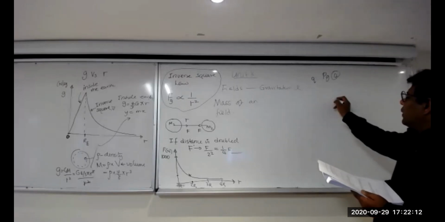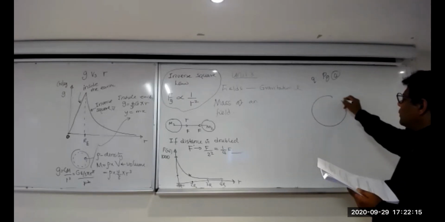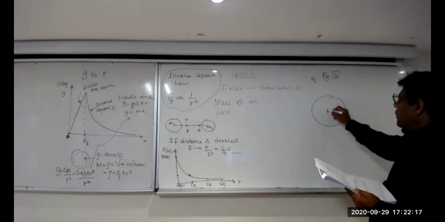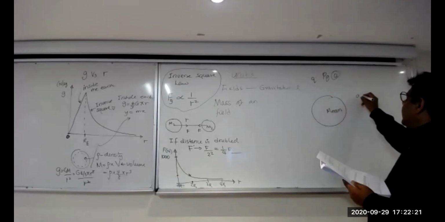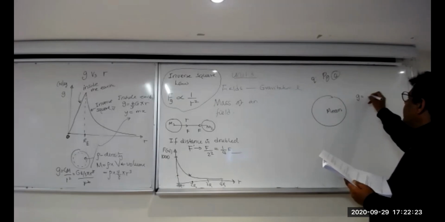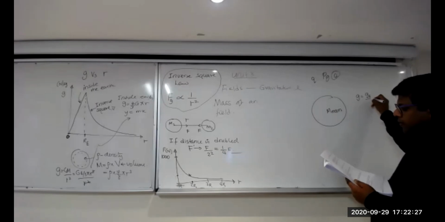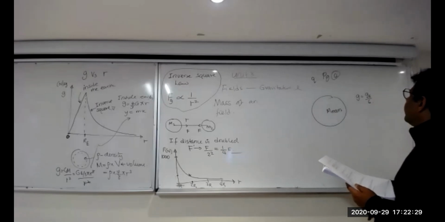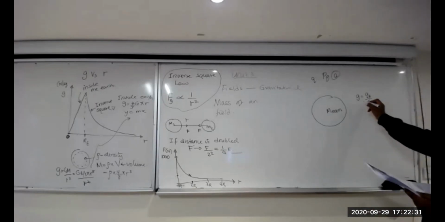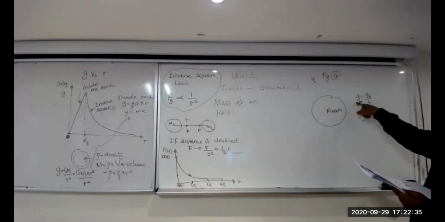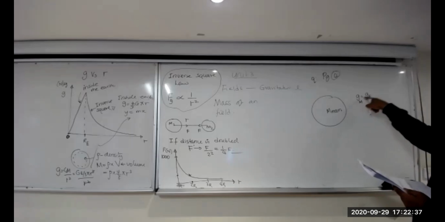So they ask you to calculate the mass of the moon. The g at the surface of the moon is the Earth's gravitational acceleration divided by 6. This is the moon's gravitational field strength, and that's the gravitational field strength of the Earth.